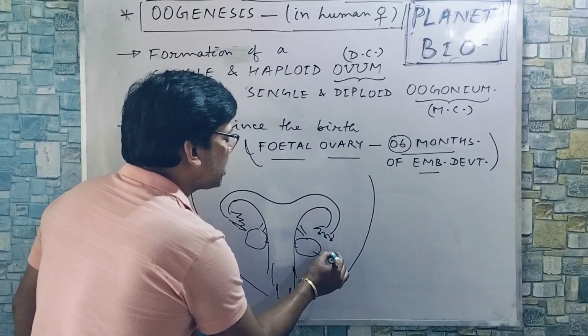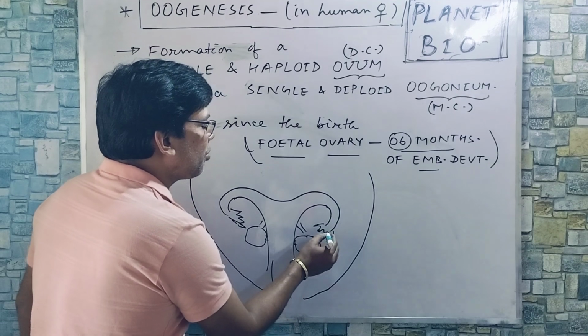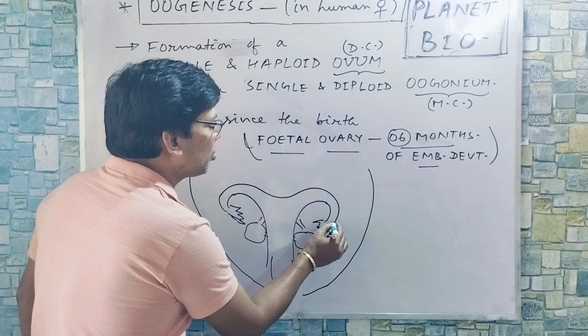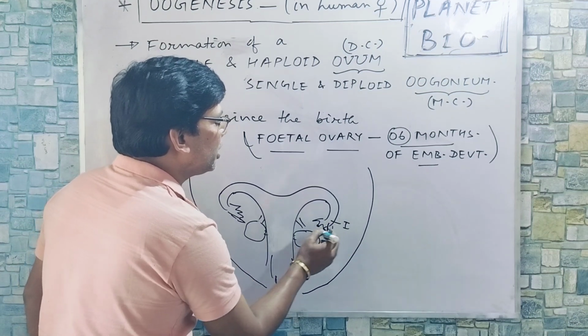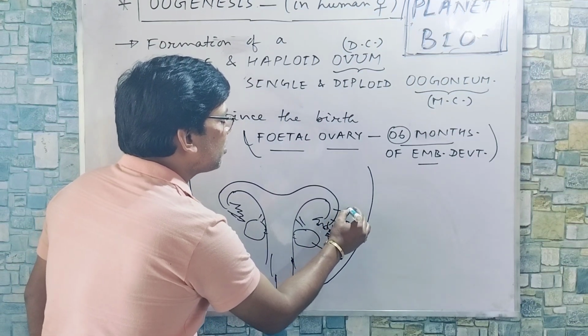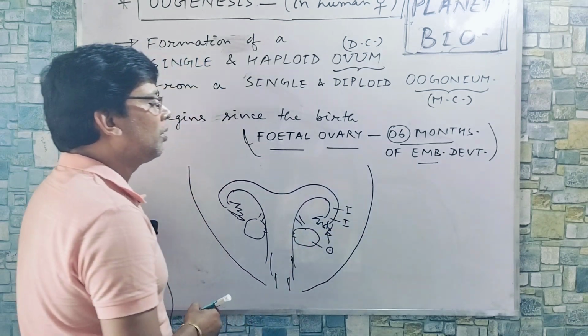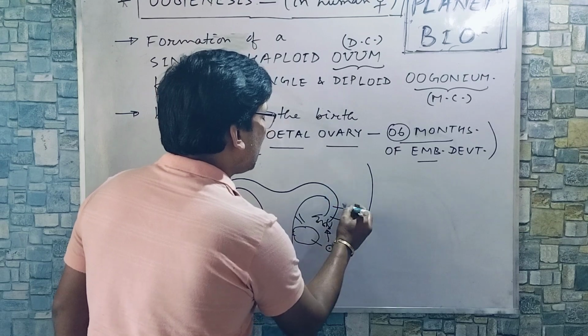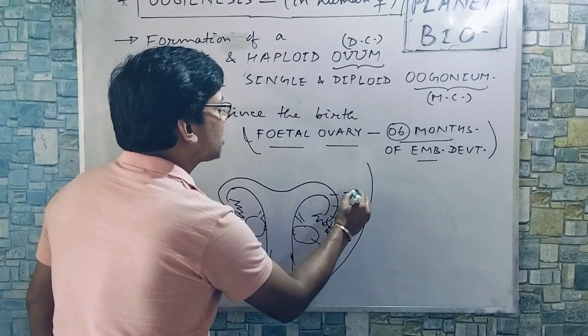After that, it is captured by, picked up by the ostium, the opening, and now it goes into the infundibulum part of oviduct. Then it reaches, sorry, ampulla. After infundibulum, ampulla, and then isthmus.